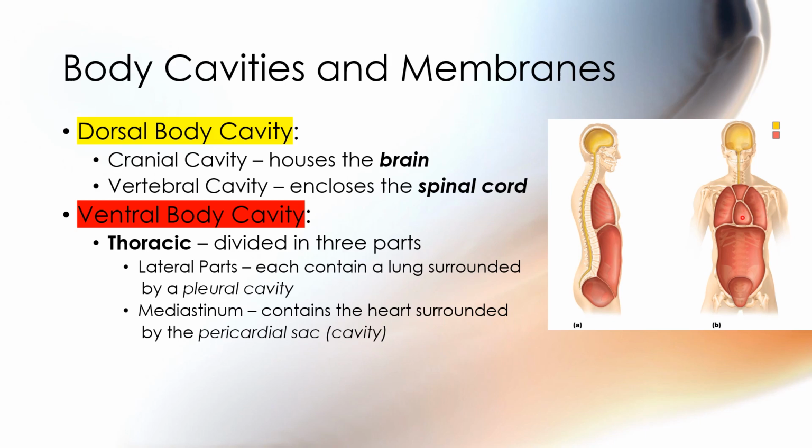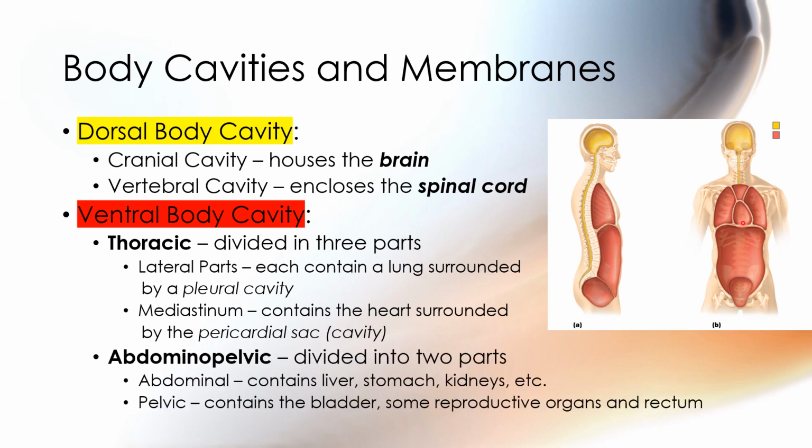And then we have the mediastinum. So the mediastinum, think medial, right? Middle, midline, is going to be the heart. Okay, that's the most important structure here. And that's going to also be surrounded by a membrane or a sac. We'll talk about that. And then last but not least, we have the abdominopelvic cavity, okay, which is two sections, the abdominal cavity and pelvic cavity.